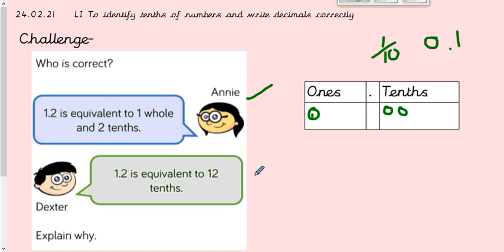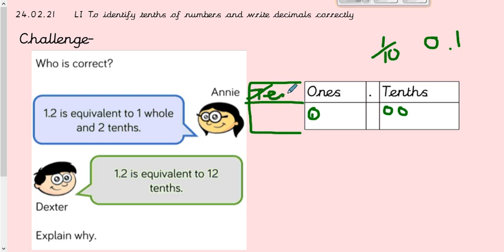Dexter says 1.2 is equivalent to 12 tenths. Now, thinking back to when we looked at multiplication, if we had a tens column and we had a 10 and we were moving it into the ones, how would we move it? I'll just draw it on.